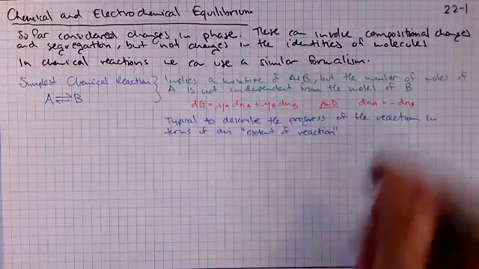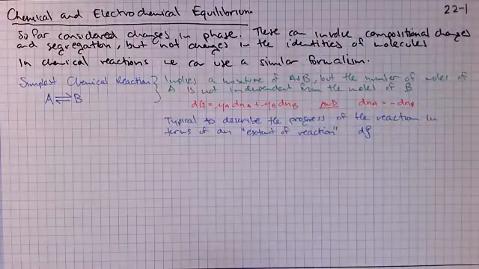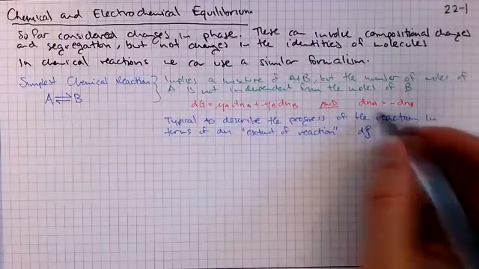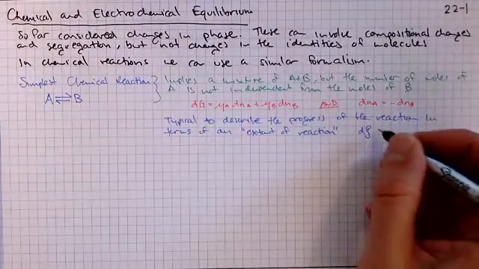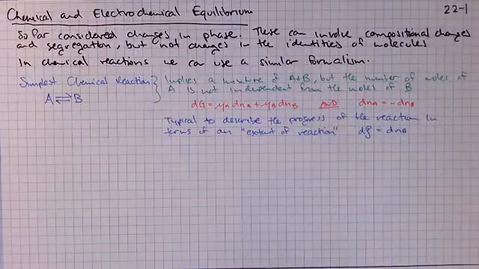We're going to denote that as dxi, and in this case we can define that with one or the other of these two molar quantities. So we're going to say that's equal to dNB, right?